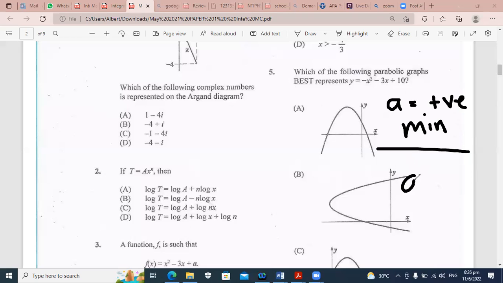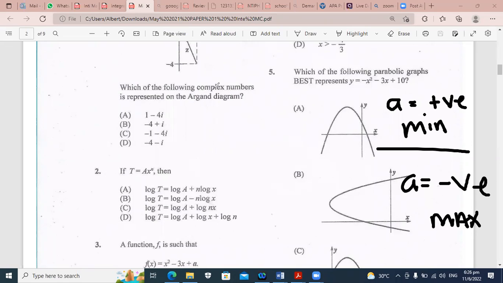And when a is negative, we get a maximum curve. All right. Follow? Yes, sir. So a maximum curve is like a frown. A minimum curve is like a smile.